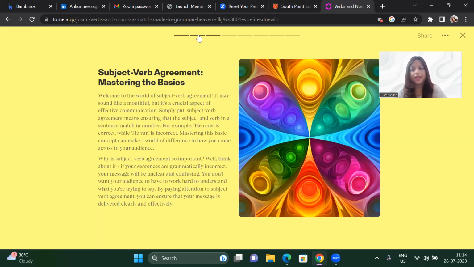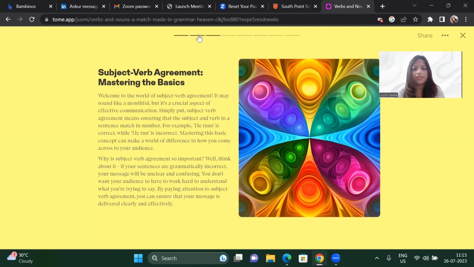Okay, now let's understand what is subject verb agreement in a very basic way. Okay, so welcome to the class. When you actually hear this term subject verb agreement, it might sound very difficult for you, like what it is all about, and so many things.